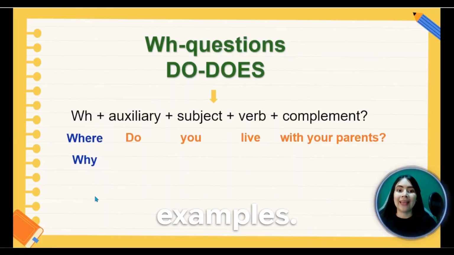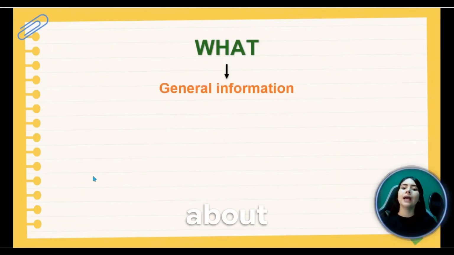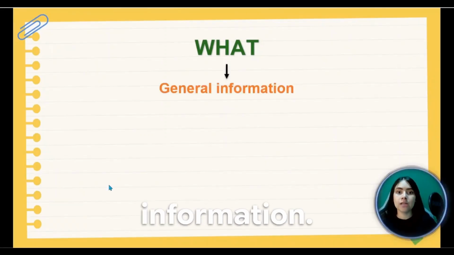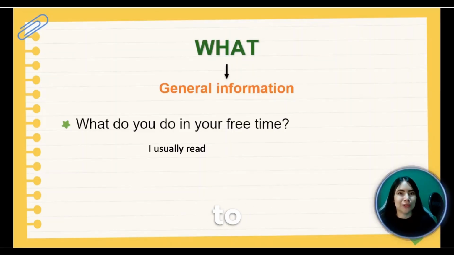These are some examples. Now let's start. This is the first WH: what. We use this WH to ask about general information. For example, what do you do in your free time? I usually read and go to the gym.